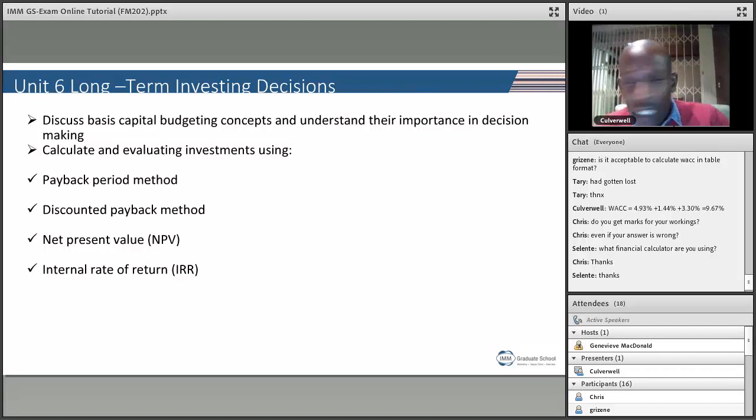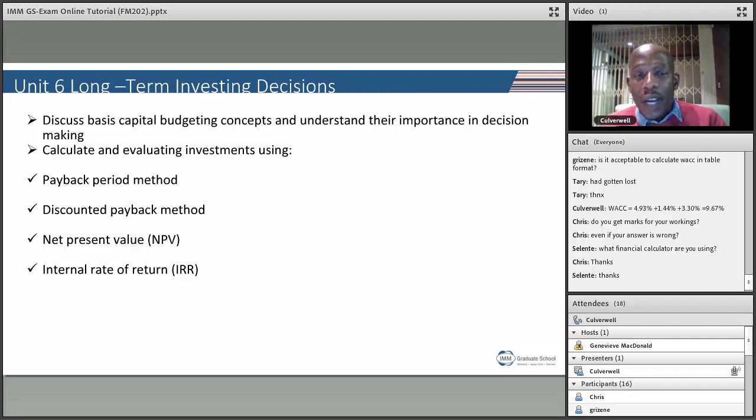Me and you know that government departments and municipalities sometimes might not have limited capital because they are run by politicians and they always get our taxes from SARS. So the companies we're talking about here are profit motivated. There is always a limitation to available resources, hence we speak of scarcity.